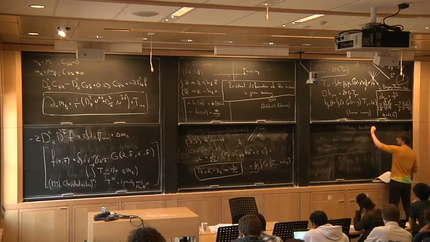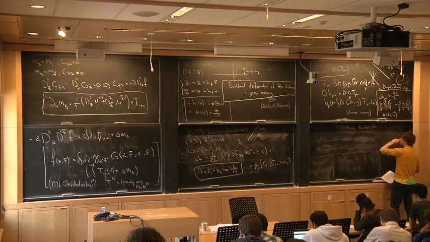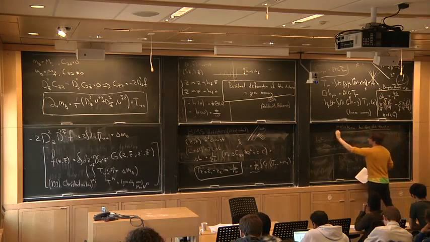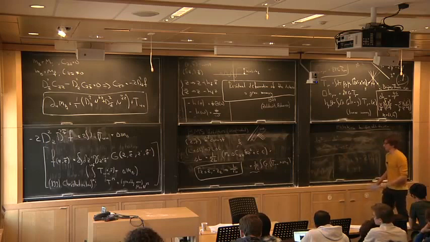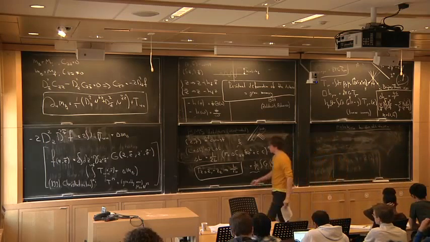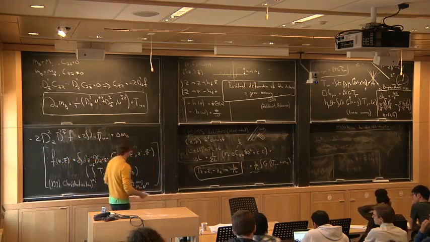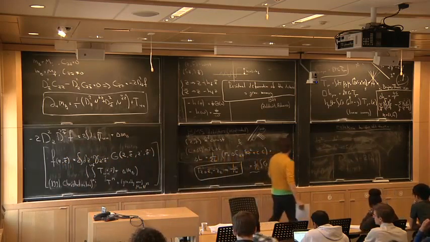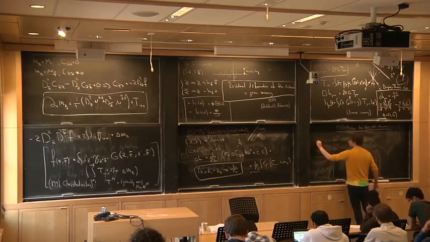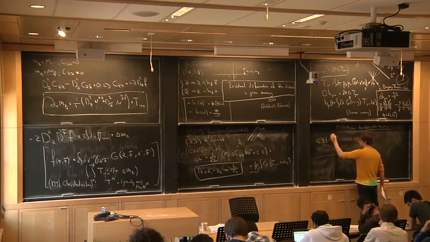Well, what do we do in quantum theory when we compute this thing? We take some state and we compute the expectation value of, say, CZZ or delta CZZ.